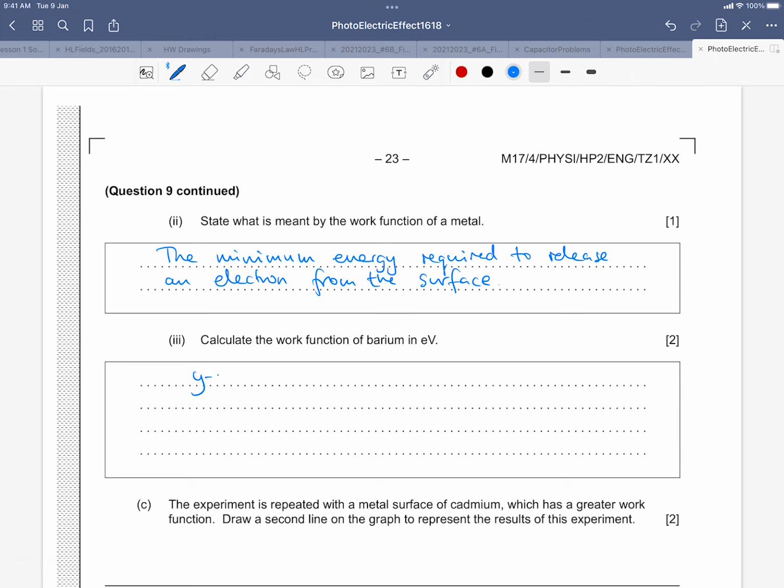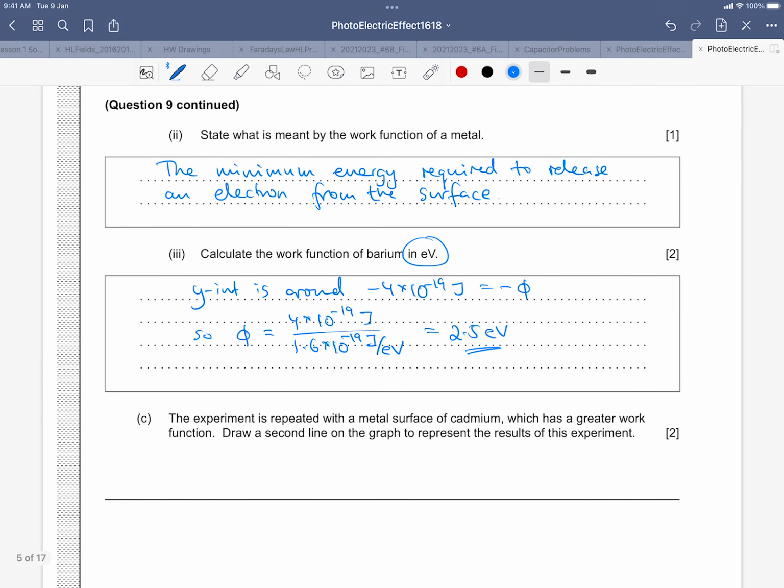So the y-intercept is around -4 × 10^-19 joules. It has to be in eV though, so we just have to remember the conversion factor. This is -phi. The conversion factor is around 1.6 × 10^-19 joules per eV. We get 2.5 eV.